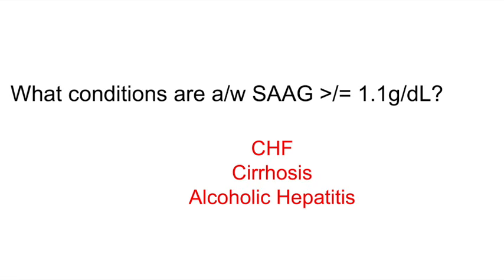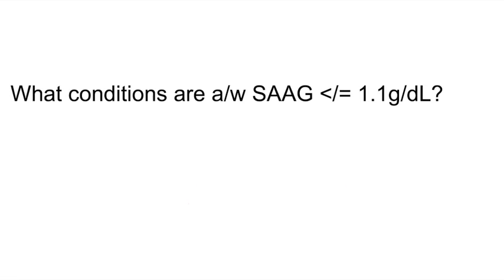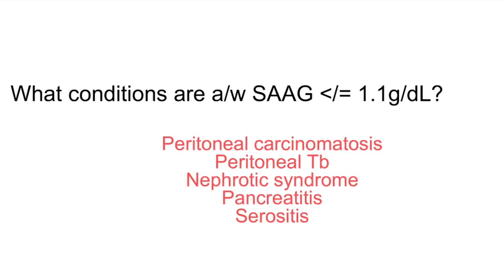What conditions are associated with SAAG less than 1.1? Peritoneal carcinomatosis, peritoneal tuberculosis, nephrotic syndrome, pancreatitis, serositis.